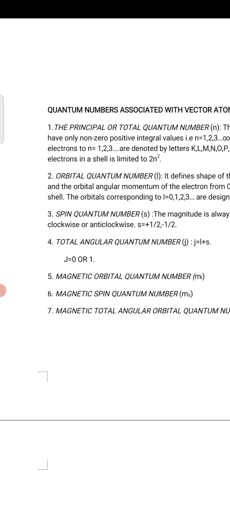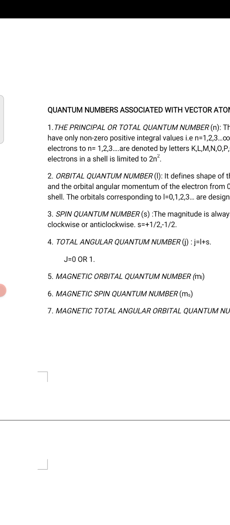The orbital magnetic quantum number varies from plus l to minus l. Thus, for each value of l, there will be 2l plus 1 possible values of ml.